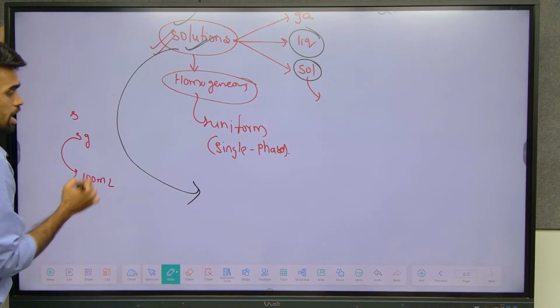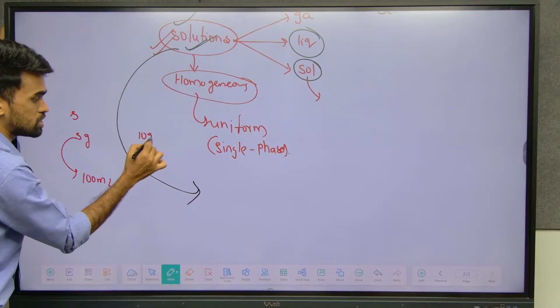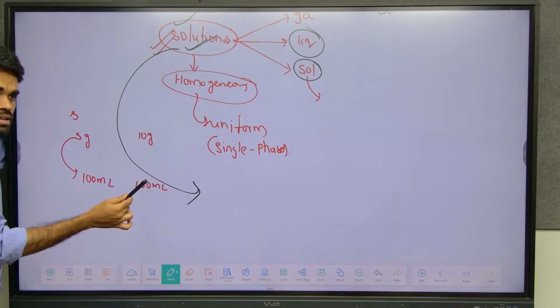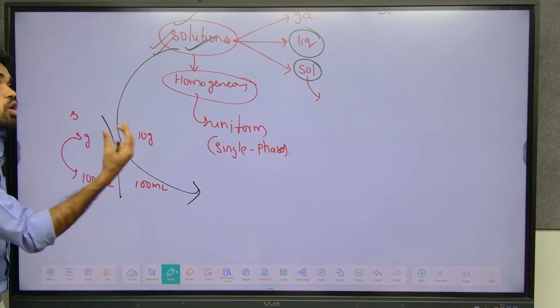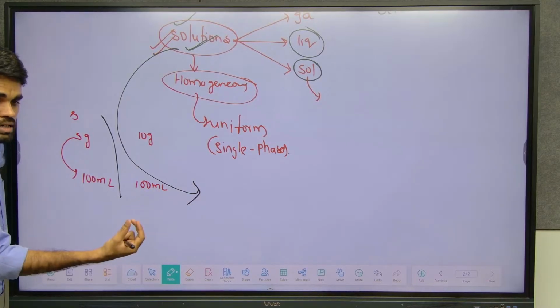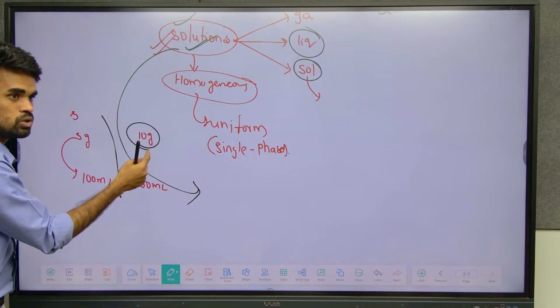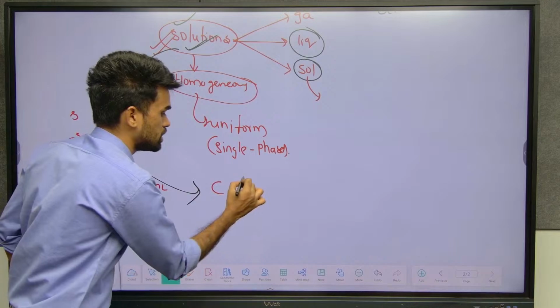Or I am making one more salt solution by mixing 10 grams of salt in 100 ml of water. Do they have the same quantity? No. So they have different quantities. To express how much quantity of solute is present, that is what we say concentration. So to express the amount of solute or strength of that solution, we are using something called concentration terms.